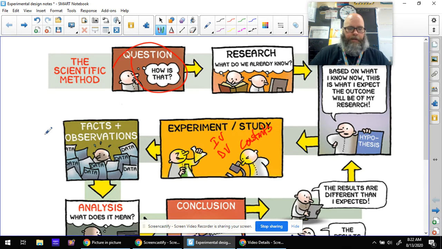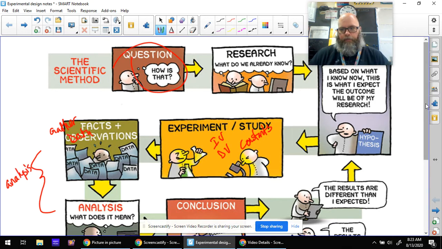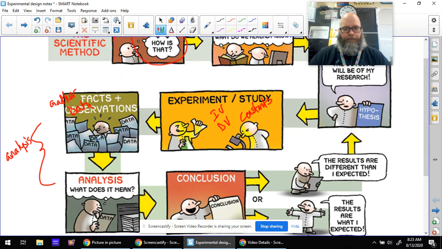Okay, we gather our data, and we figure out what it means. All right, all of this I'm grouping as analysis in our notes. Okay, so we're trying to establish what it is that we're working through, and then we'll build that into a conclusion. So that's going to be step 6 of our notes.